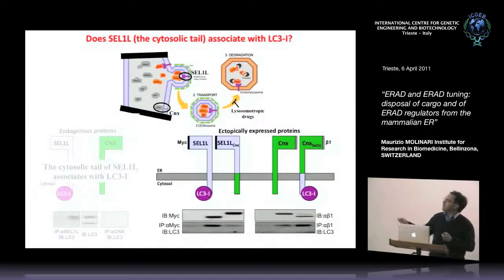And we can do the same with calnexin. Calnexin, ectopically expressed, precipitates a low amount of LC31. But if we put the tail of cell 1, then the amount of LC31 precipitating is much higher. So we consider that background level, and we consider that a significant co-precipitation that shows that cell 1, or more precisely the tail of cell 1, binds LC31.